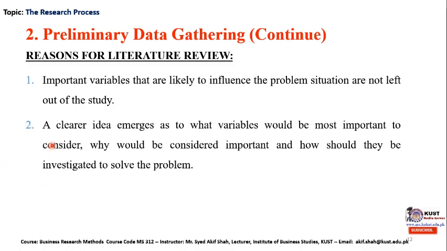The second reason for a literature review is that a clear idea emerges as to what variables would be most important to consider, why they would be considered important, and how they should be investigated to solve the problem.